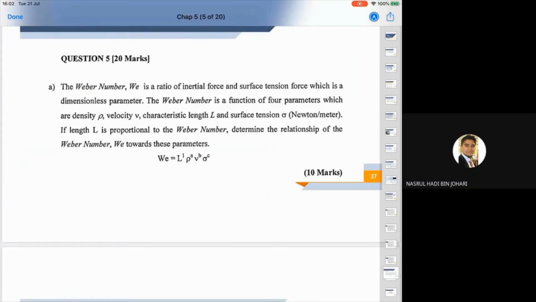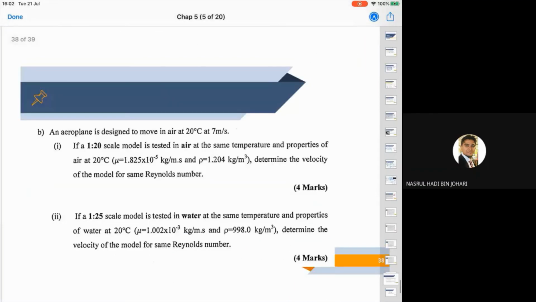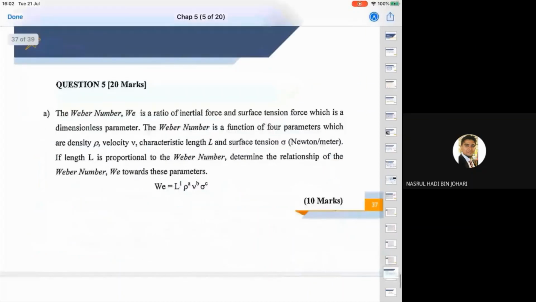Example of question 5 here, A, B, C, A and B. The B is almost exactly similar to the examples that we did in the similarity analysis. Ingat tak kereta and prototype kereta dengan model kereta? You do the analysis on the Reynolds number. So Reynolds number prototype equal to Reynolds number model. Then you do the analysis. Weber number, this one from the previous semesters, you can do exactly the analysis.